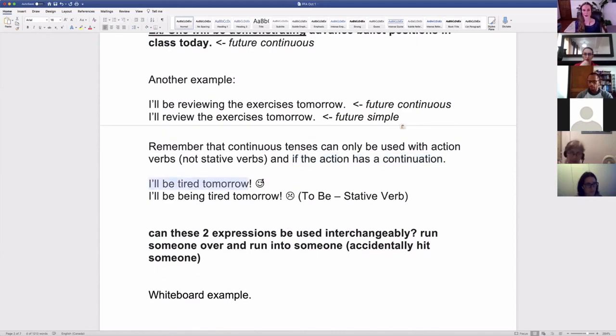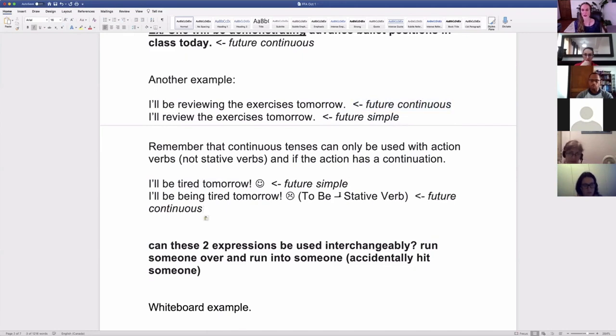This is the future simple. But then I'll be being tired tomorrow. We can't do this in the future continuous because the verb be is a stative verb, so it can't exist in an ing form. So just remember that even if there is a duration to an action, but you're using a stative verb, your only choice is the future simple.